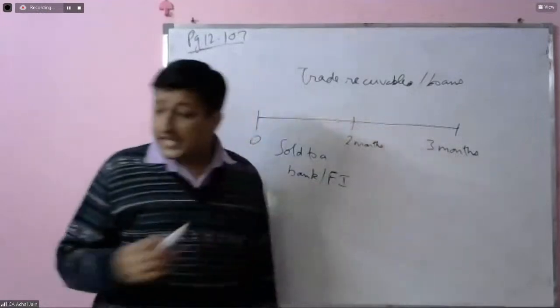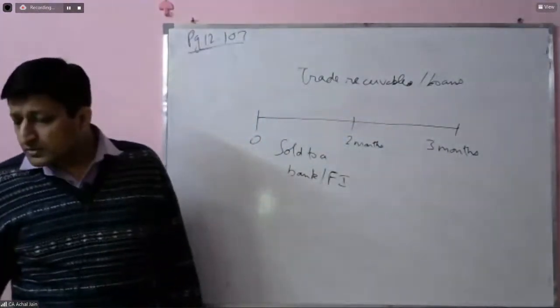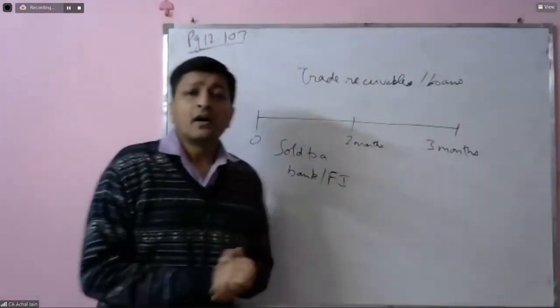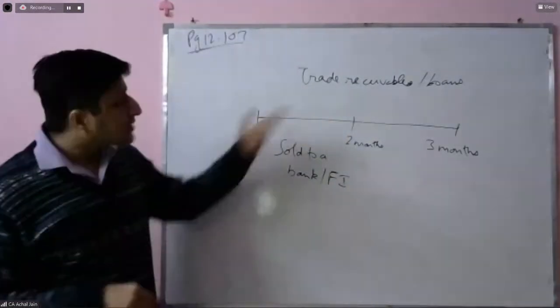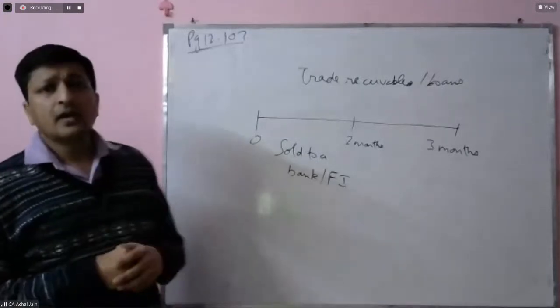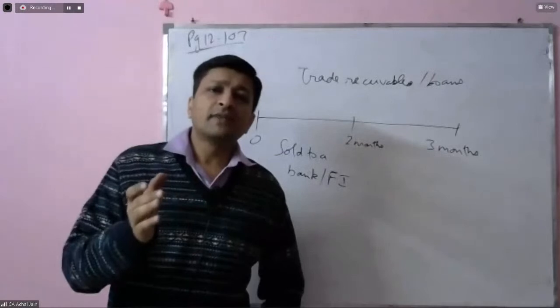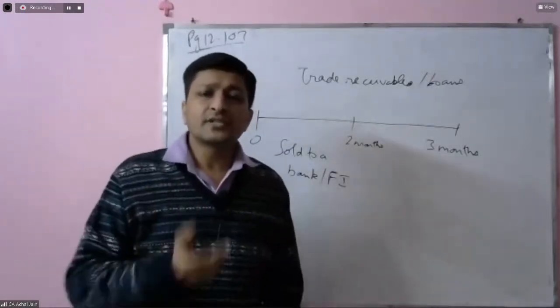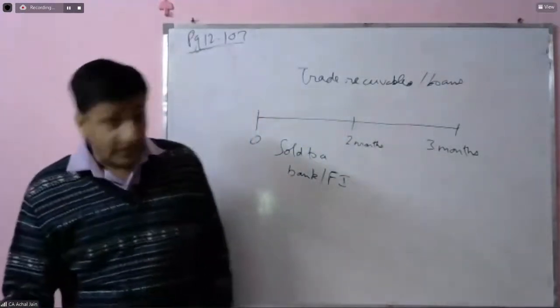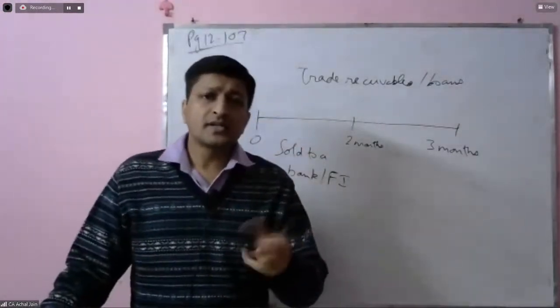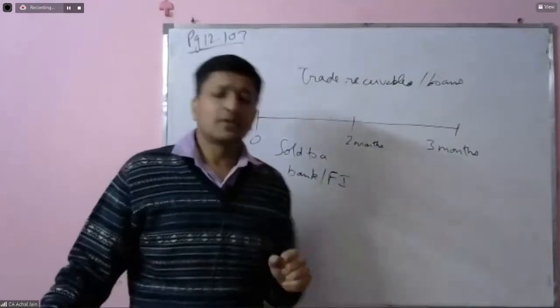Now, what does this sale mean? Many of you would know this, but still, let's understand what we mean by sale of trade receivables, or discounting of trade receivables, or the sale of loans. This discounting is not about computing the present value. It is in the nature of a sale. In this case, two types of transactions are possible.